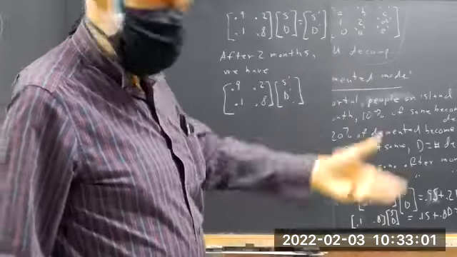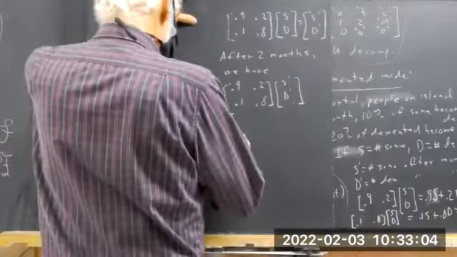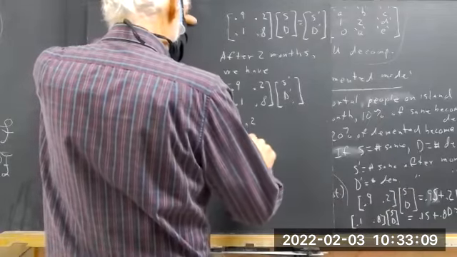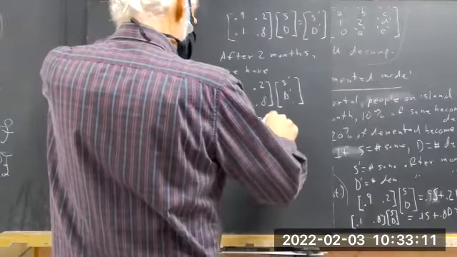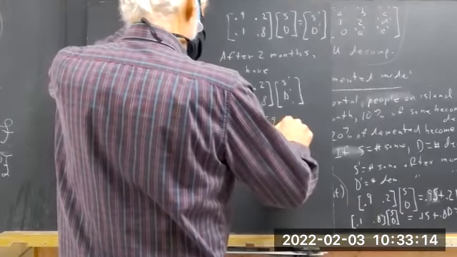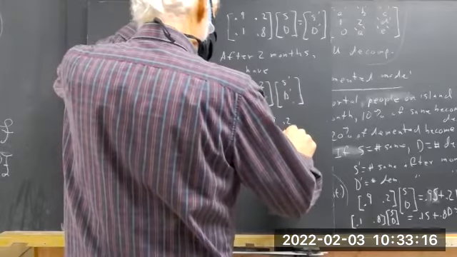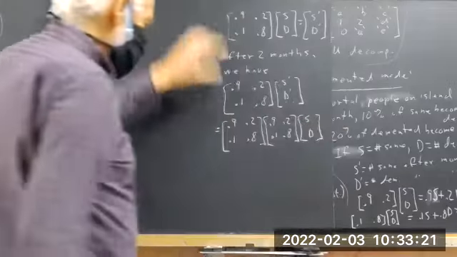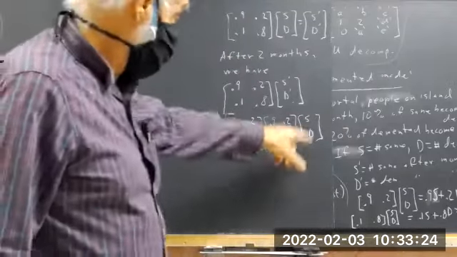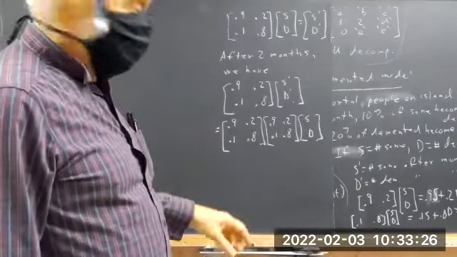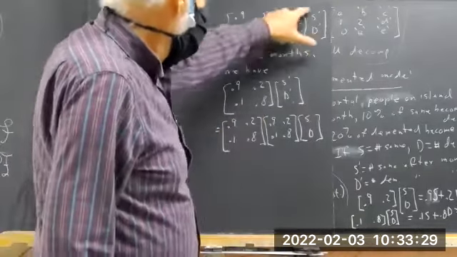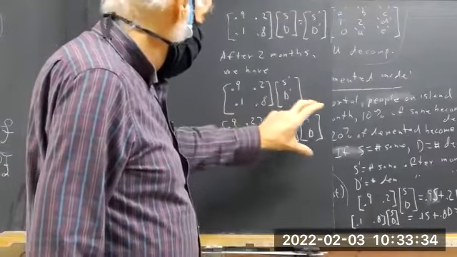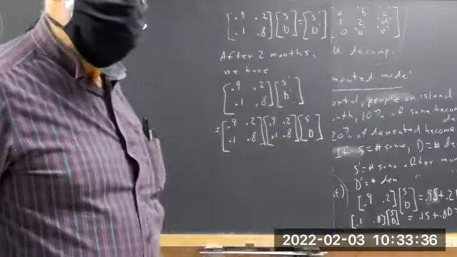Okay, it's another month. We got different numbers. Of course, this equals this matrix times your original number of sane and demented, right? So you multiply, this is the S prime D prime, right? Multiply that by the matrix 0.9, 0.2, 0.1, 0.8, and you get the number after 2 months, okay?